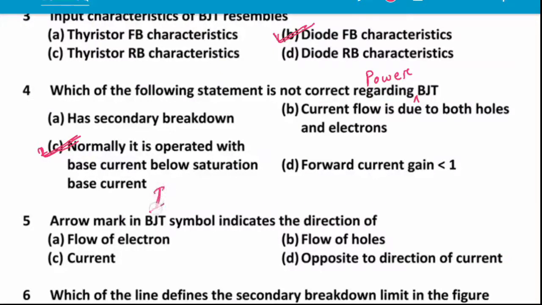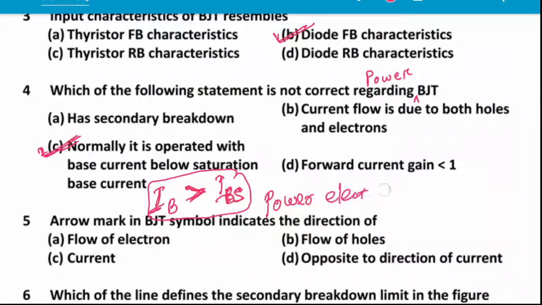If BJT is used in power electronics or for switching application, then IB is always greater than IBS, the saturation base current.